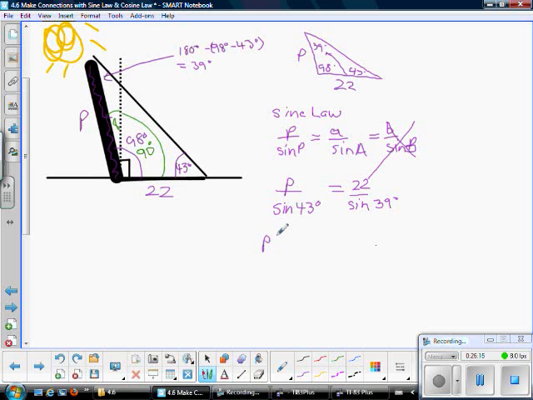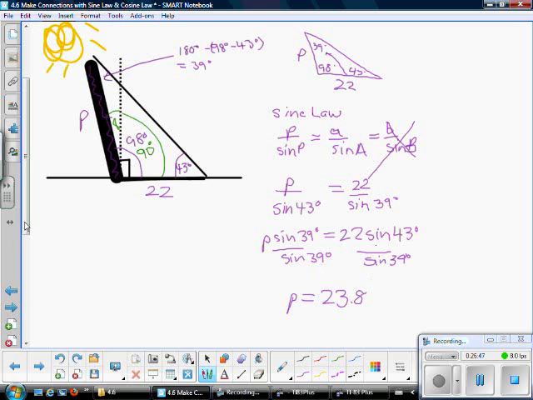So I have P sine of 39 equals 22 sine of 43. To get P by itself, I'm going to divide both sides by sine of 39. And when we do that with our calculator, P is approximately equal to 23.8.